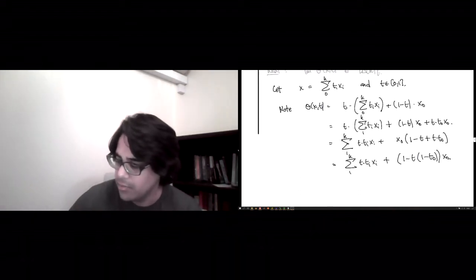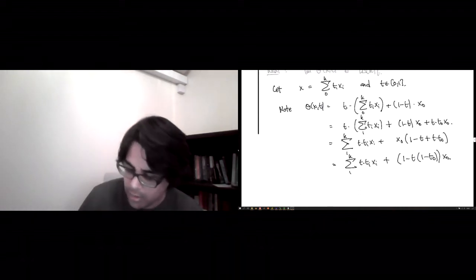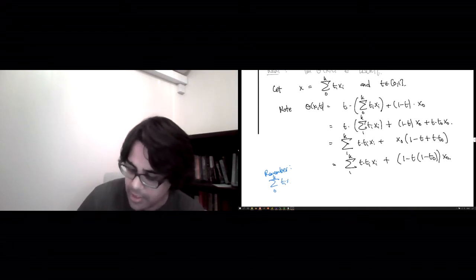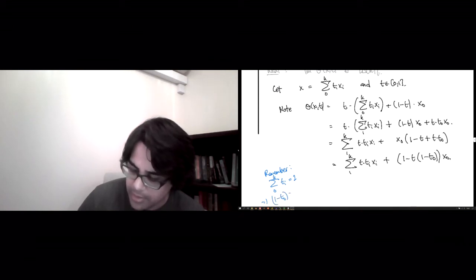And now, if you remember, the sum going from 0 to k of t_i, just the t_i, this had to be equal to 1, which is to say that 1 minus t_0 is the same as the sum from 1 to k of the t_i.